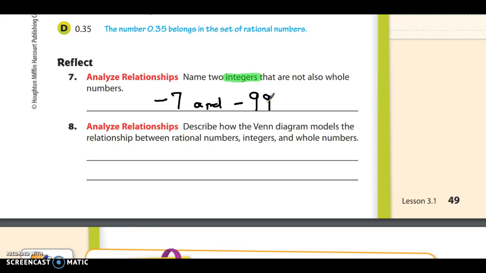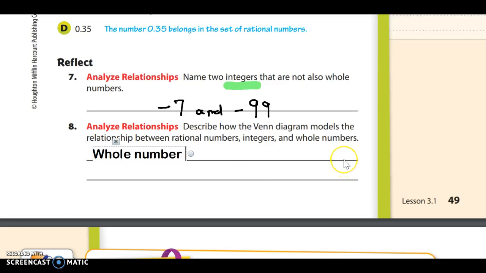Number 8, analyze relationships. Describe how the Venn diagram models the relationship between rational numbers, integers, and whole numbers. Really what we can do is look at the top of the page where it states that whole numbers also belong in the set of integers and rational numbers. So I'd probably start with that.